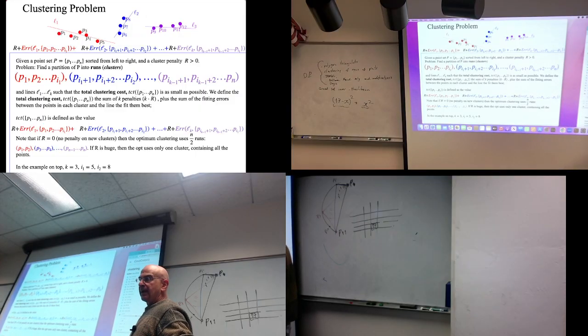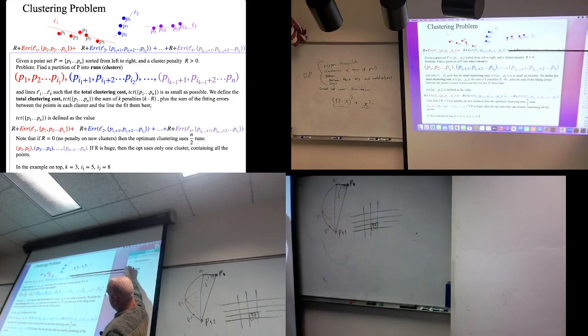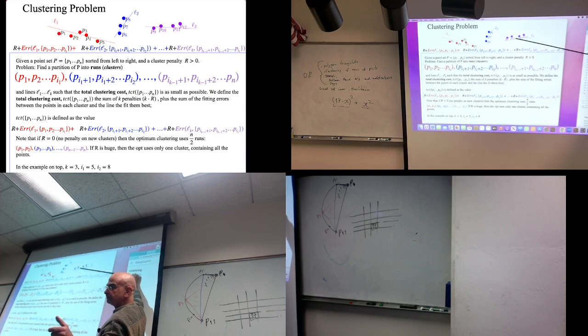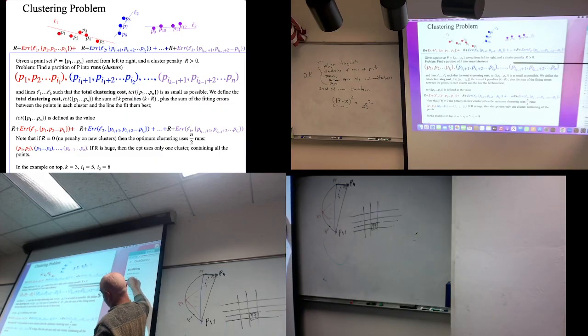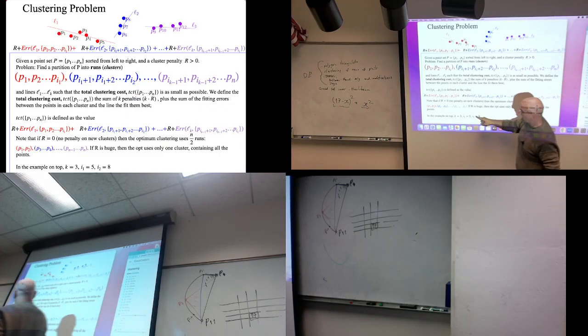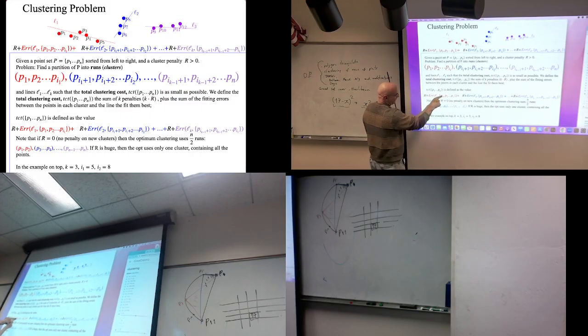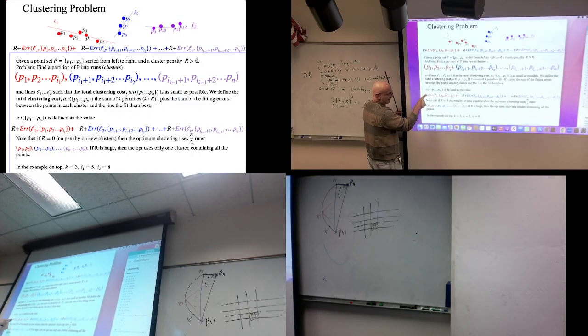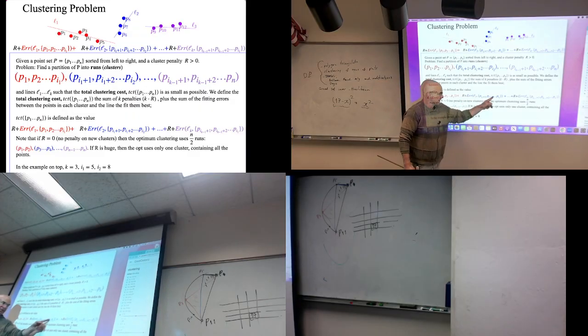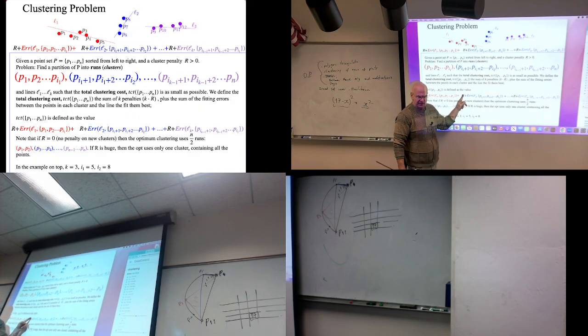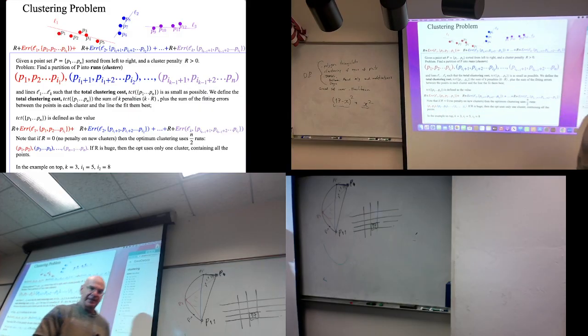So I need to decide how to break all these points and what is the cost that I'm paying. For every cluster, find the best line and find the error of the best line for this cluster, of course. Find the error, the sum of squares of these vertical arrows. Take the error of the first cluster plus the penalty, plus the error of the second cluster plus the penalty for opening a new cluster, and so on for the last cluster.